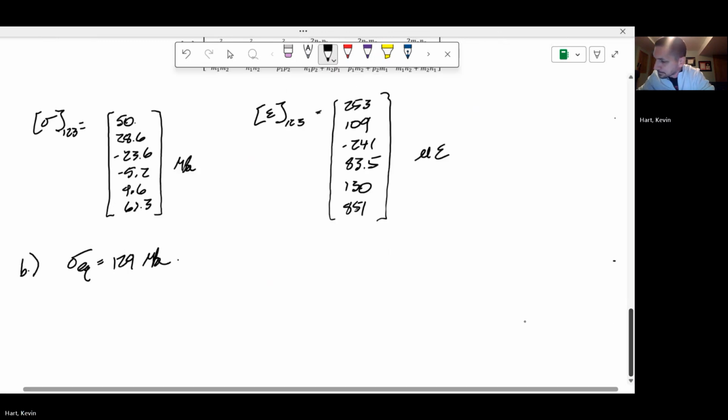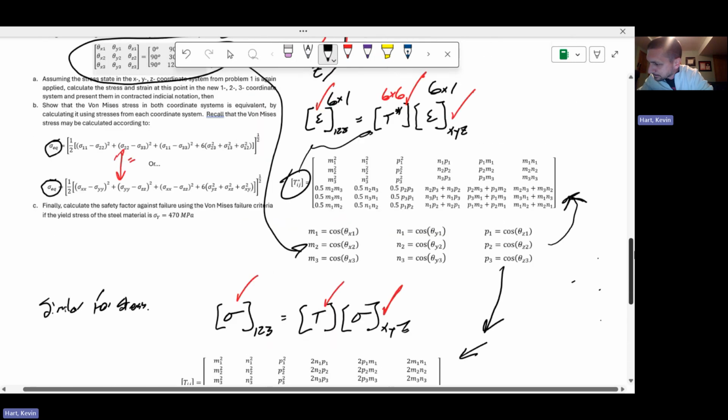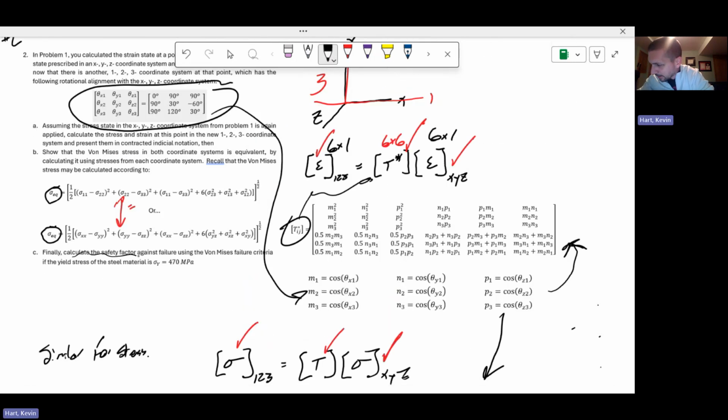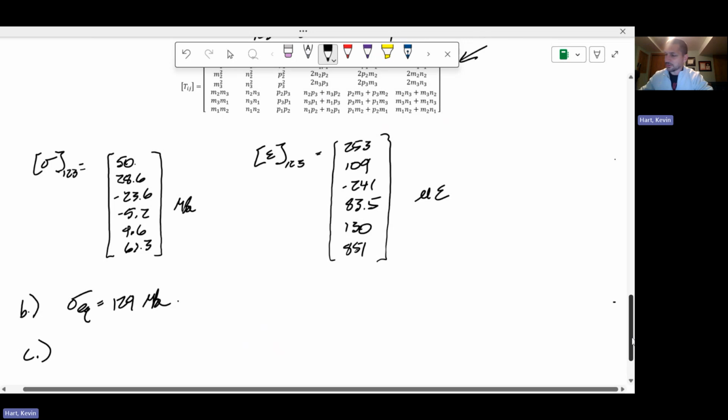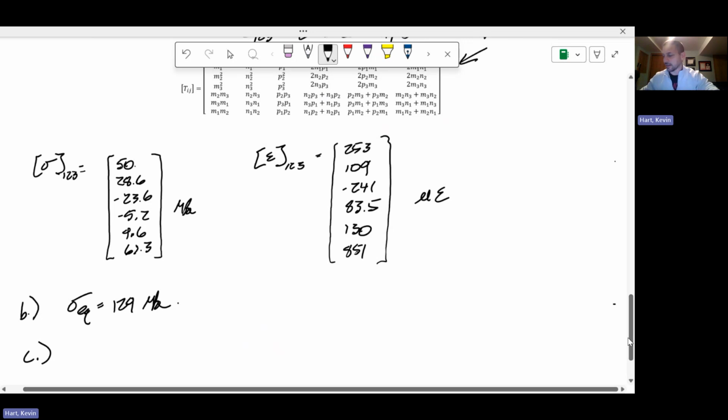The last part of this problem asks us about failure criteria. Lastly, calculate the factor of safety against failure using the von Mises failure criterion if the yield stress of the material is 470 MPa. This is just a ratio of the yield stress to the equivalent stress. So the safety factor is the yield stress divided by the von Mises equivalent stress.